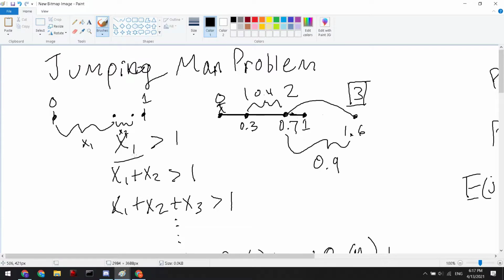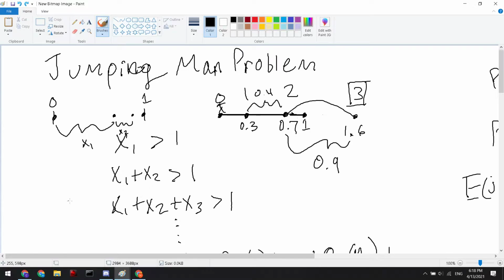So our base case, our basic, just kind of unimportant case, is when x1 is greater than 1, because this never happens. So we don't have to worry about our base case. However, x1 plus x2 being greater than 1 is absolutely possible. We already saw it. And same goes for it happening in 3 jumps or n jumps.